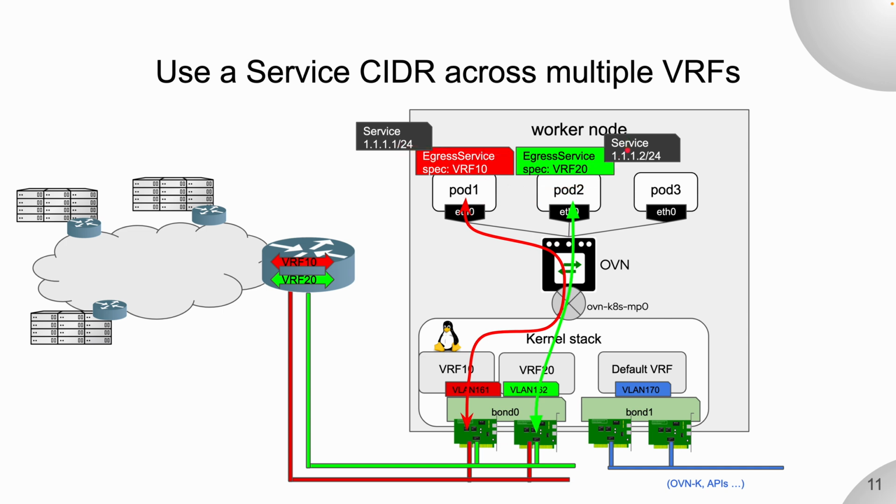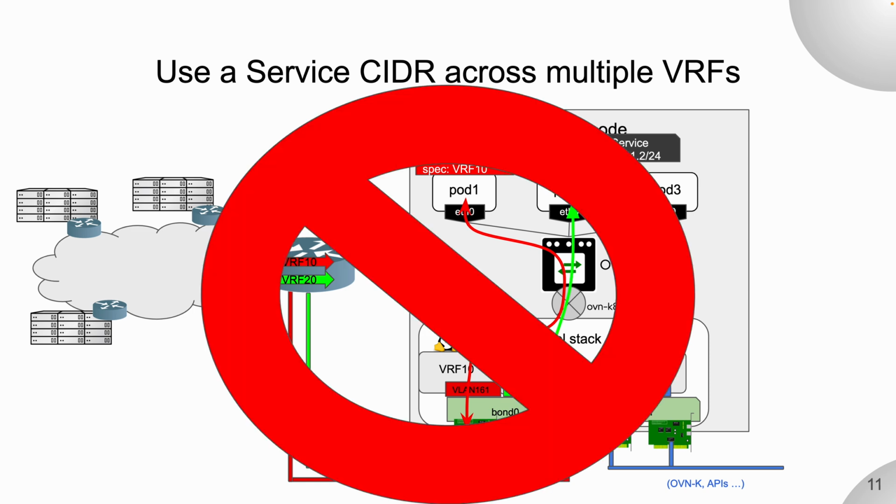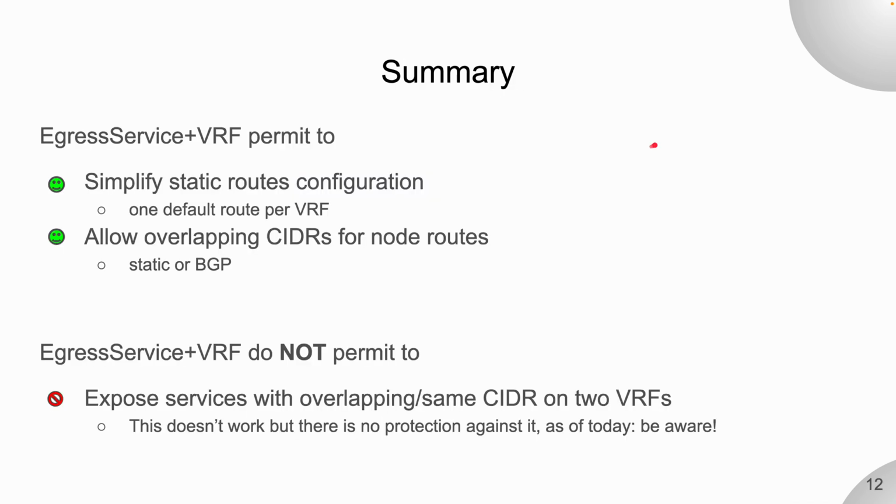Nothing in the API as of today, I'm talking about Red Hat OpenShift 4.17, is preventing you from pushing that configuration on the cluster. But it's not going to work. You will be able to push a configuration that will not do what you expect. So just don't do it.